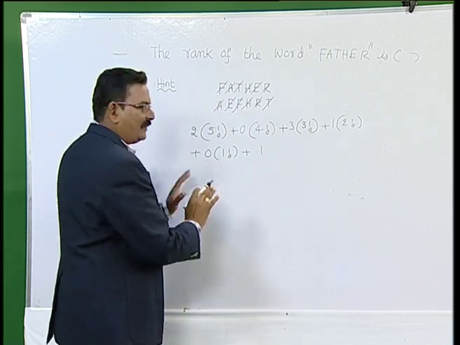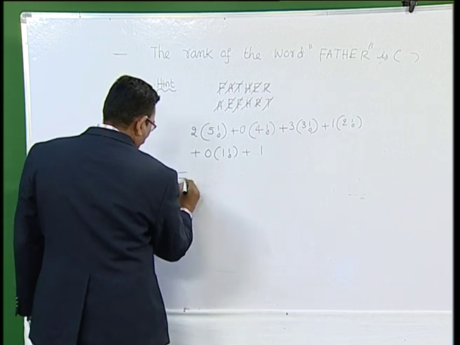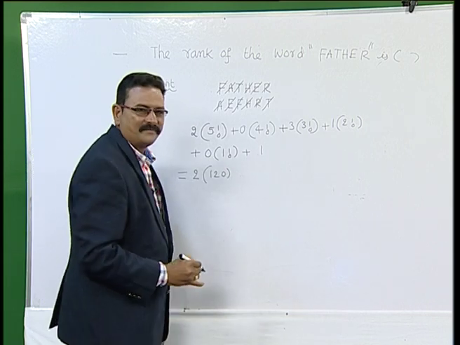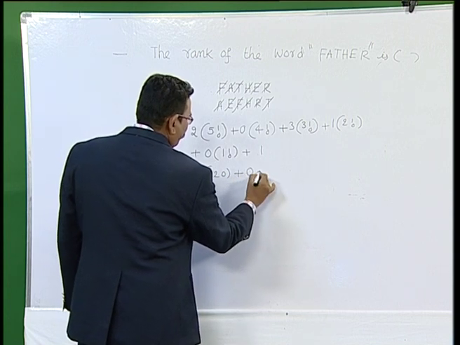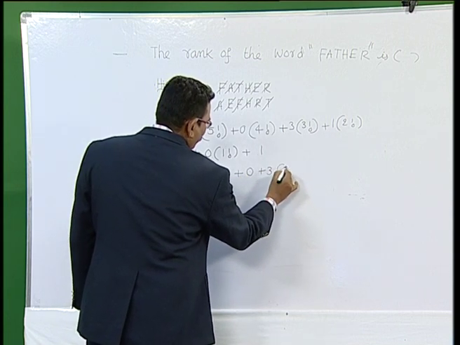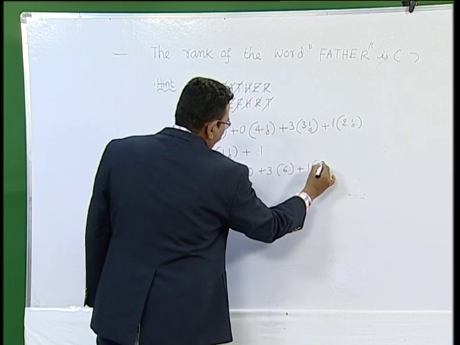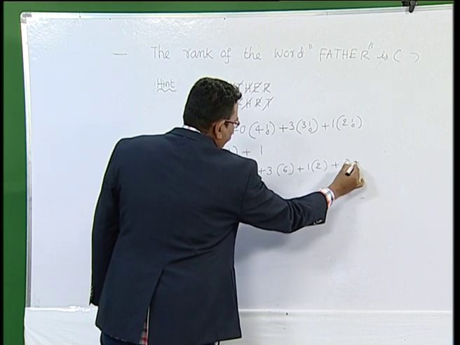If you just simplify, you will get the answer. Now 2 into 5 factorial is 120, am I correct? Plus 0 into something is 0, 3 into 3 factorial is 18, 1 into 2 factorial is 2, 0 into something is 0, plus 1.